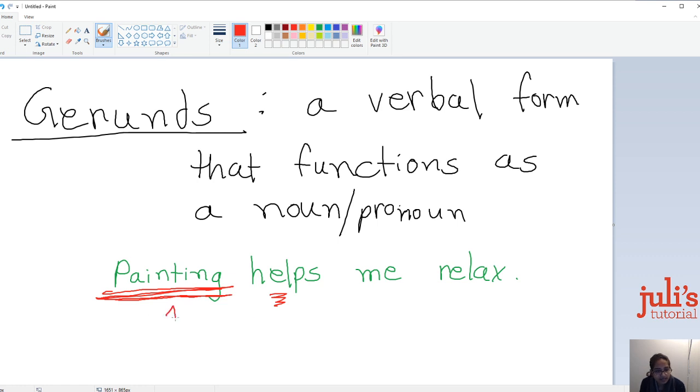So in this case, paint usually is a verb. It's an activity. But in this case, it's working as a noun. So the verbal is painting, which is the gerund, and it's working as a noun.